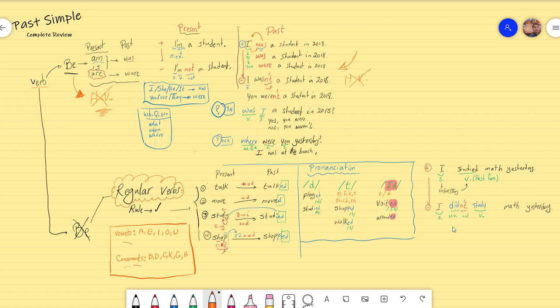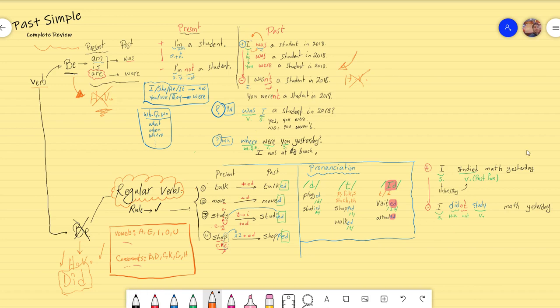If the verb is not be, helping verb is needed. What is a helping verb? For past simple, helping verb is did. Very good.